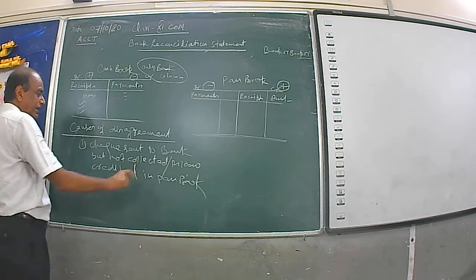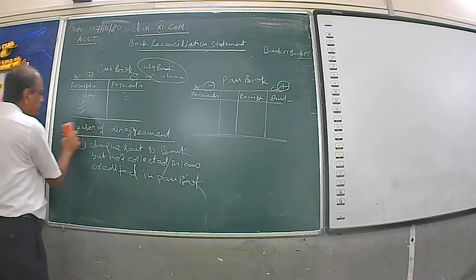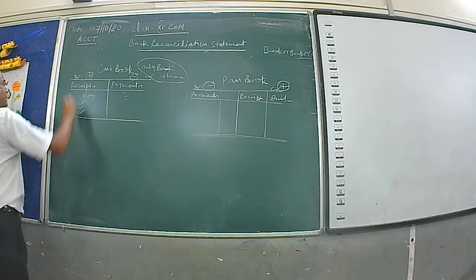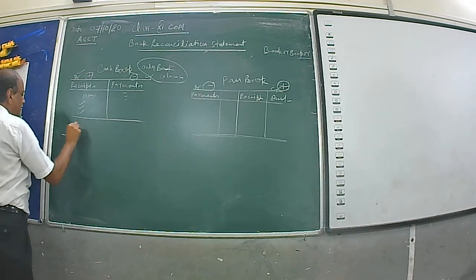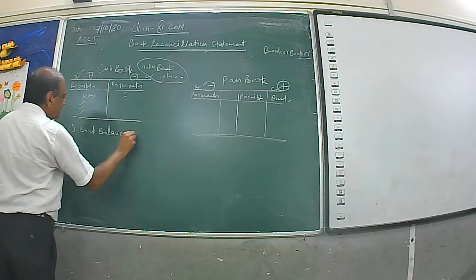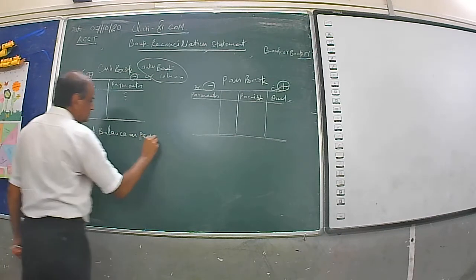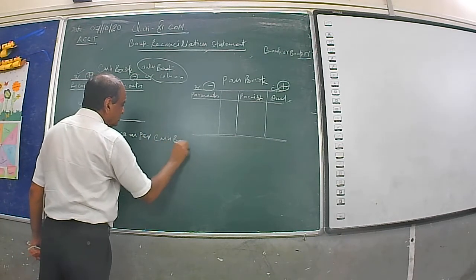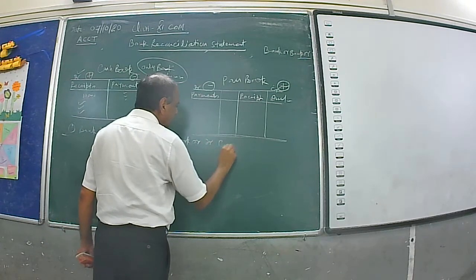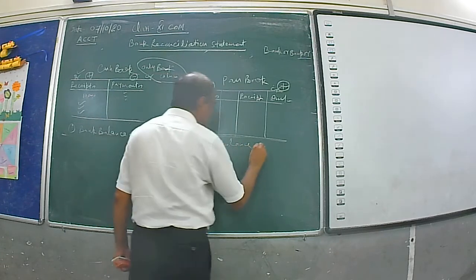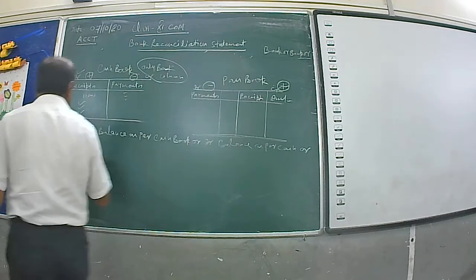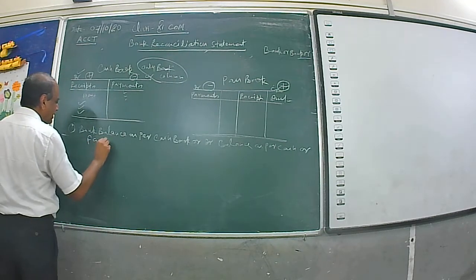So here I have given one example. Now see, the balance may be given from the debit side. Number one, bank balance as per cash book, or it is known as debit balance of cash book, or you can say favorable balance of cash book.